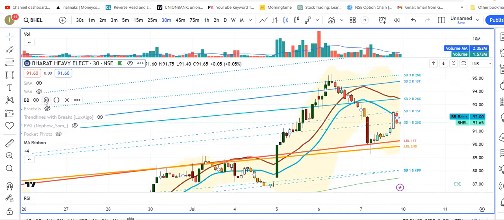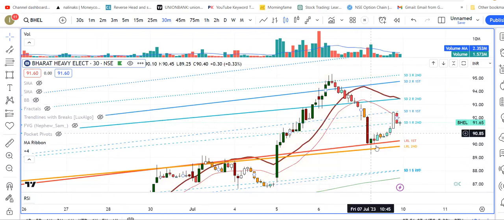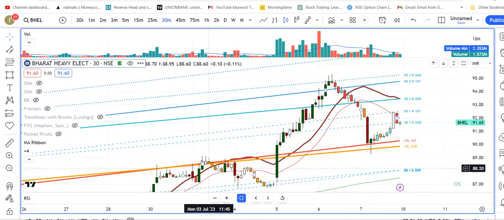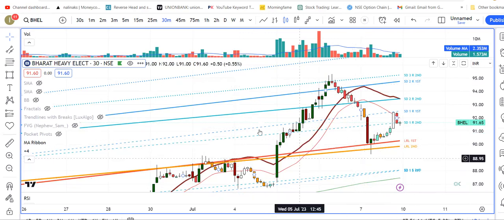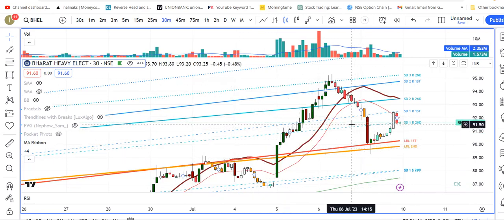See, if I hide the Bollinger Band, when the price comes to the median line, this is the median line. By the least square method, it has calculated the median line over here.